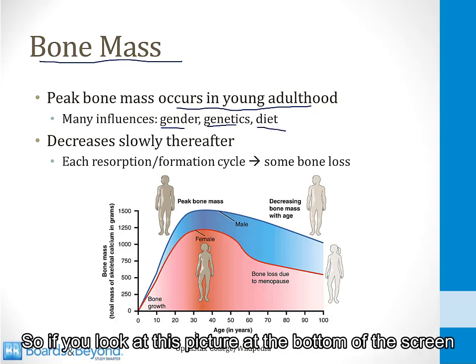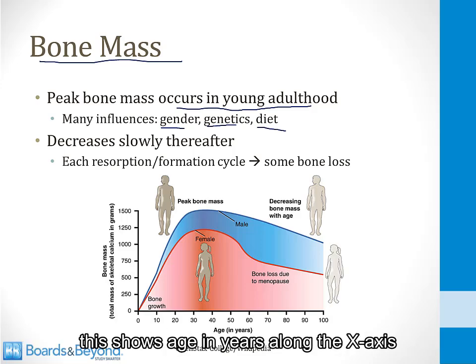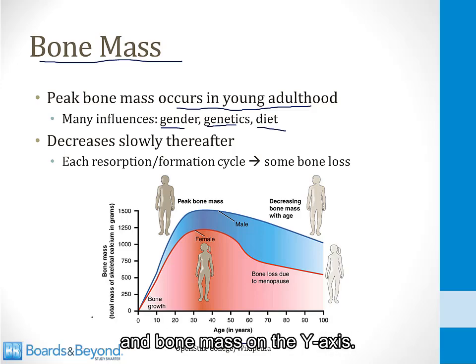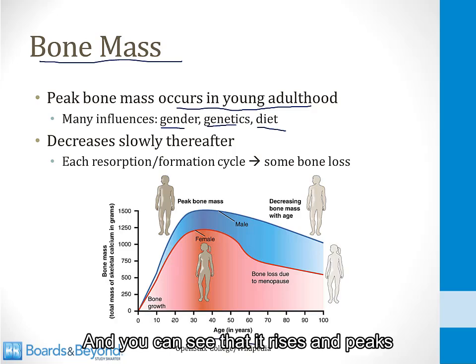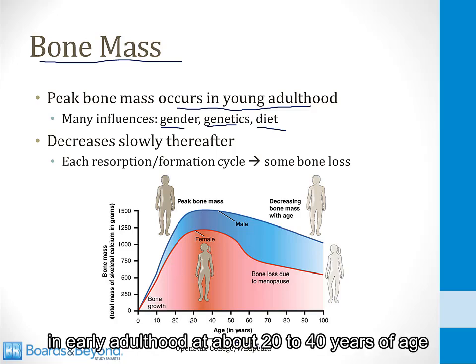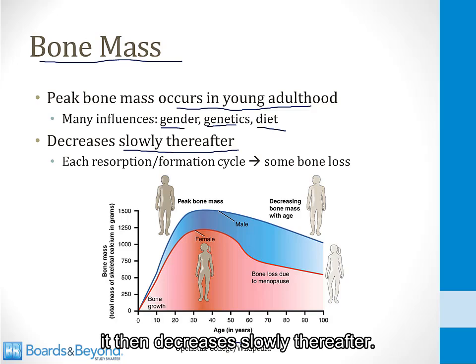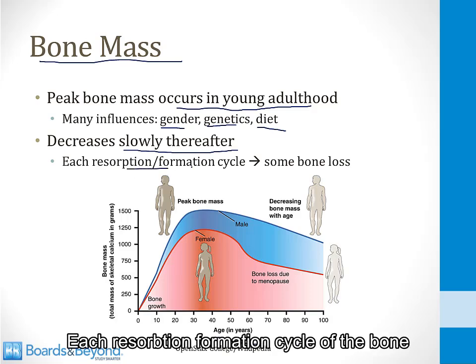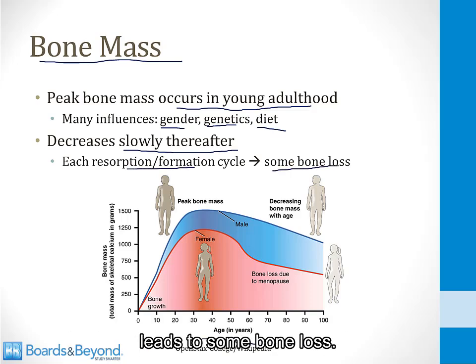So if you look at this picture at the bottom of the screen, this shows age in years along the x-axis and bone mass along the y-axis. And you can see that it rises and peaks in early adulthood at about 20 to 40 years of age. It then decreases slowly thereafter. Each resorption formation cycle of the bone leads to some bone loss. Now, if you look at this graph on the screen, two important things are shown.